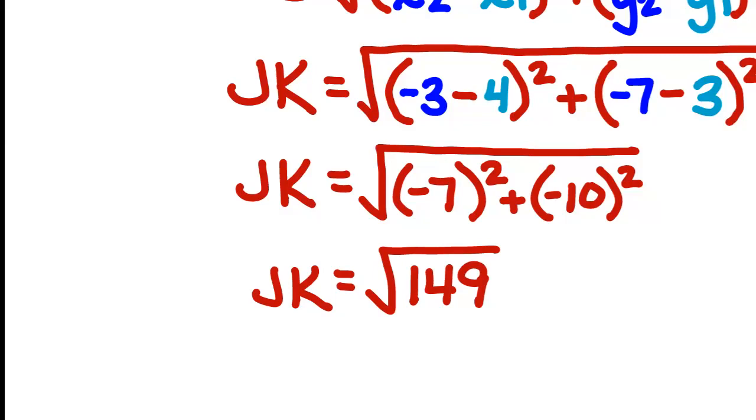What is negative 10 times negative 10? 100. 49 plus 100 would give me 149. I don't know how big the square root of 149 is off the top of my head. I know it's bigger than 10, but I don't know exactly how big it is. I couldn't cut a piece of string that is square root of 149 inches long.